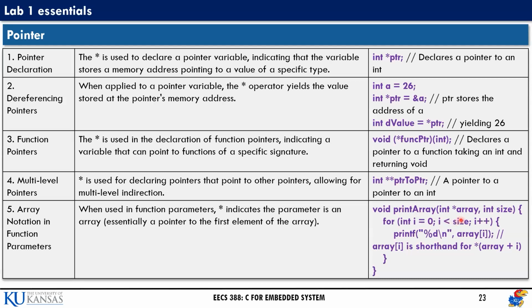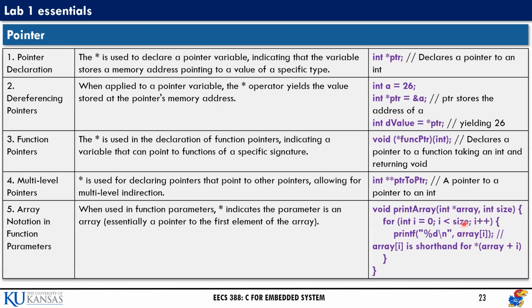So we know the array is a 1D storage of elements, and by using the pointer, we can point to its very first element, and we can go through the next elements by increasing the access offset.